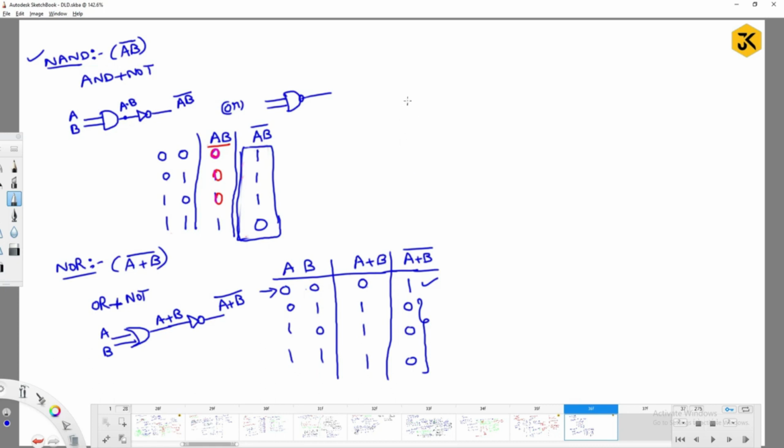Okay, fine. Another kind of gate is the XOR gate. You represent the XOR gate like this.